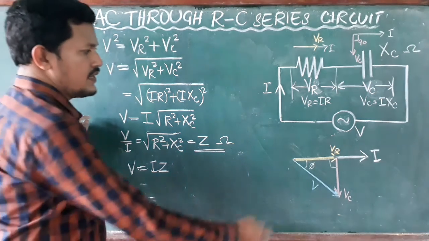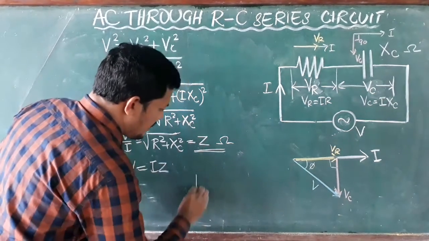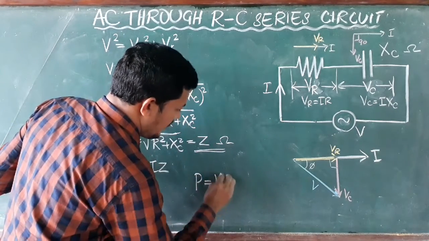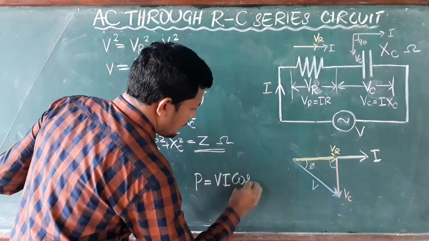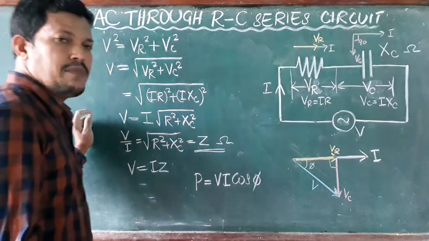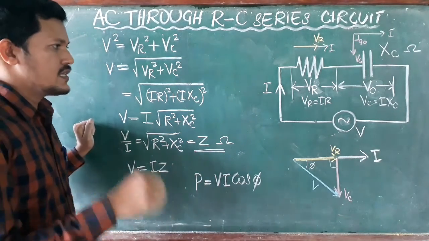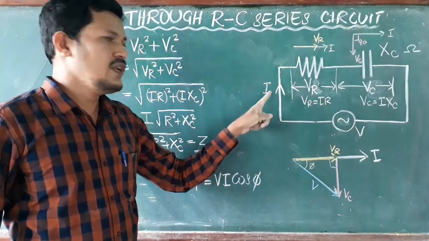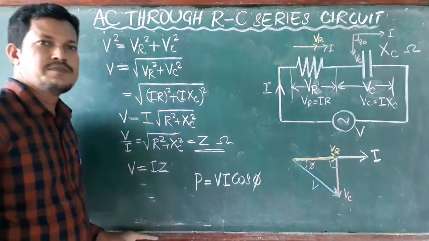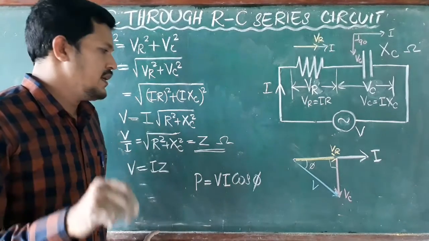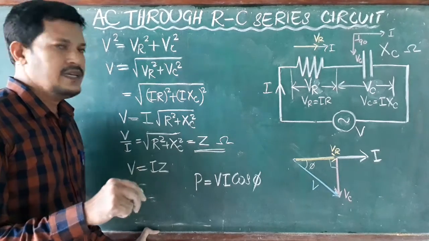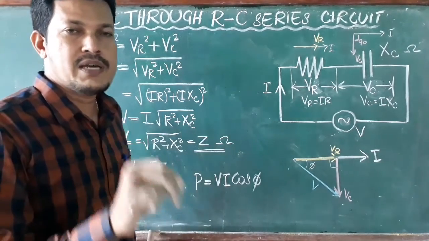From the figure we can also find the power. Power equals V I cos phi. We can find it by multiplying the instantaneous value of voltage and the instantaneous value of current: small v into small i, that is Vm sin omega t into Im sin of omega t plus phi.